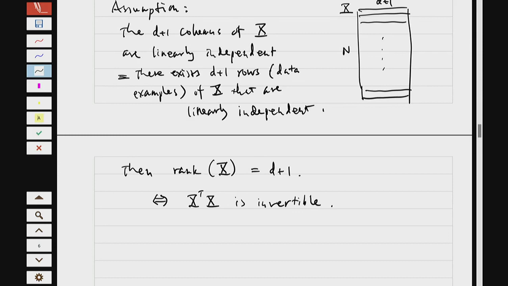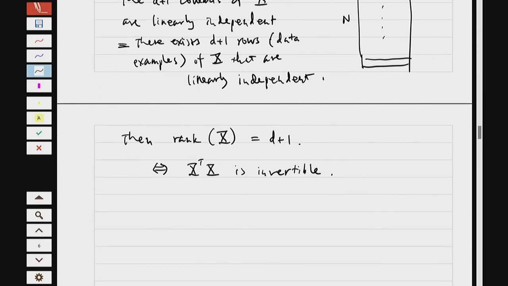What is the size of X transpose X? Yeah, because X itself is m by d plus 1, X transpose is d plus 1 by m. So when you multiply these two together, the m part goes away. You have d plus 1 by d plus 1.